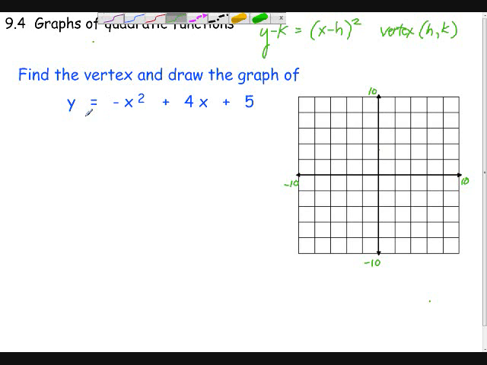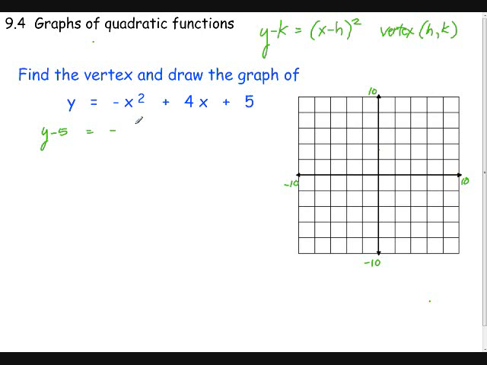We're going to use completing the square to convert this into the vertex form. First of all, I'm going to subtract 5 from both sides. So I'll have y minus 5 equals a negative x squared plus 4x.